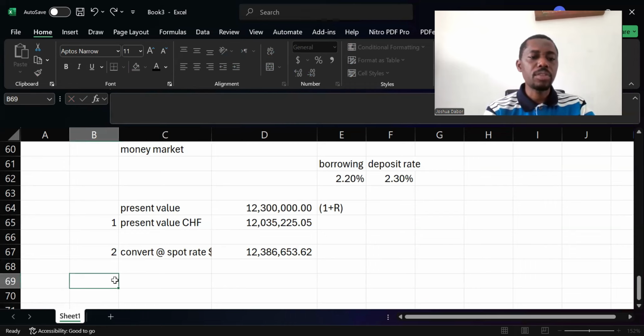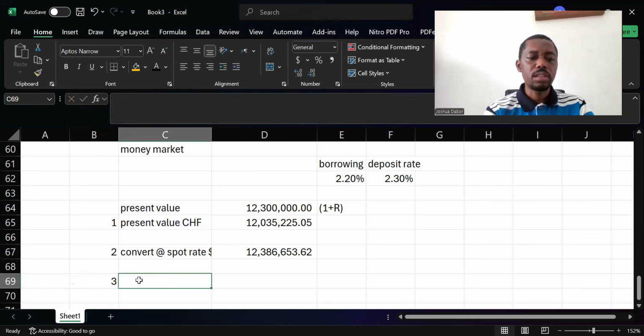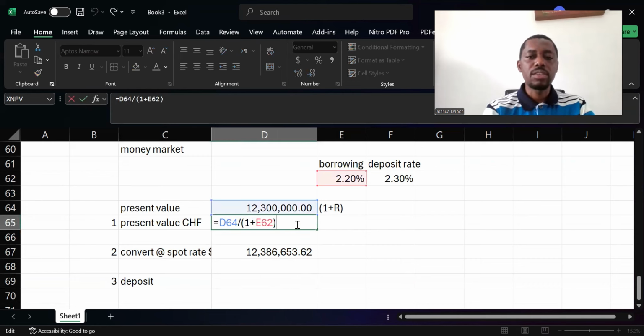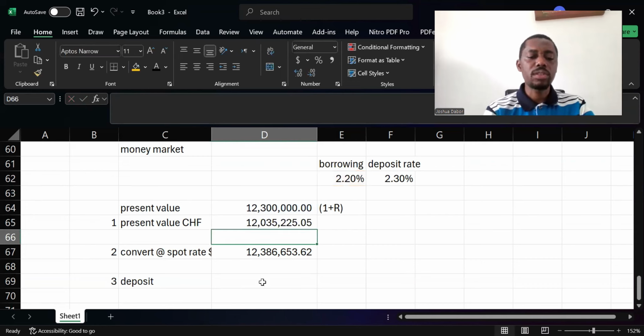So the final step is to do what? Deposits. Final step is to deposit the amount borrowed. So if you are depositing, you are not discounting. Here we discounted, we divided. So here you are not going to divide, you're going to multiply.